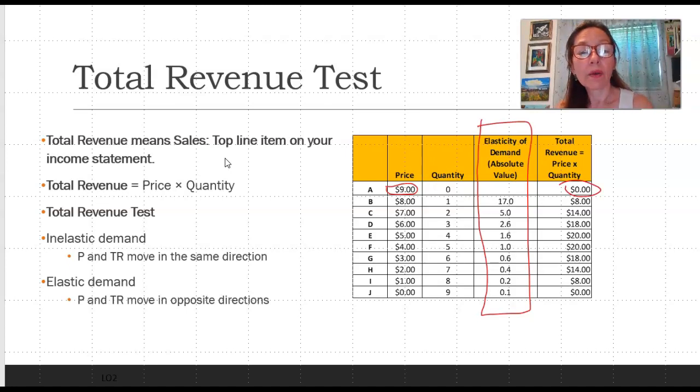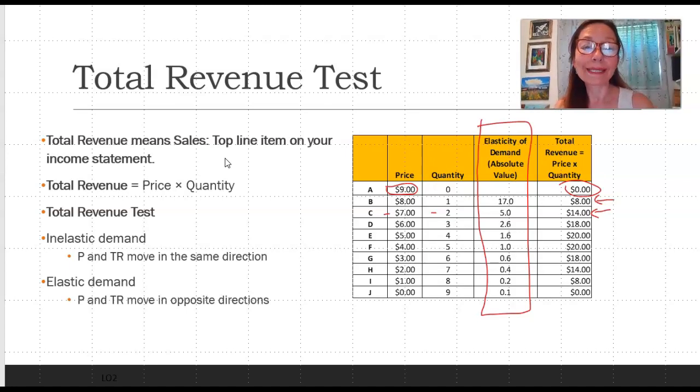We lowered our price to $8 and we sold 1 unit, 1 cup of cappuccino. So 8 times 1 gives us total revenue of $8. If we lower our price to $7, then we're going to sell 2 cups of cappuccino. So 7 times 2 gives us $14 of total revenue.